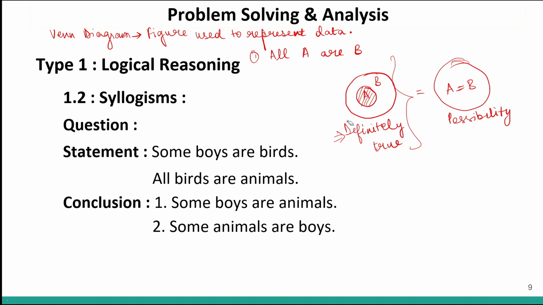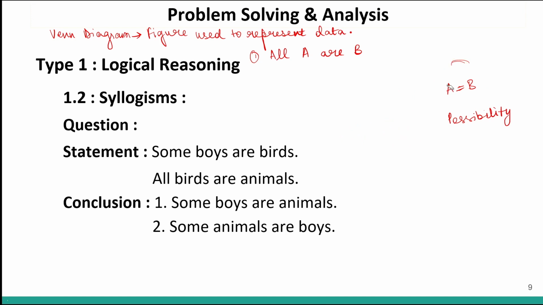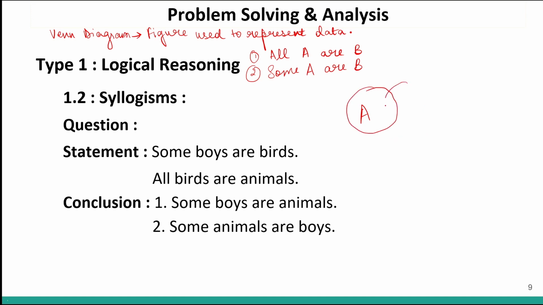Okay. Now, the second thing that can happen is I can write that some A are B. I can write like this. So if this is my A, this will be my B. Because some A will definitely be a part of B. So some A are B can be written like this.